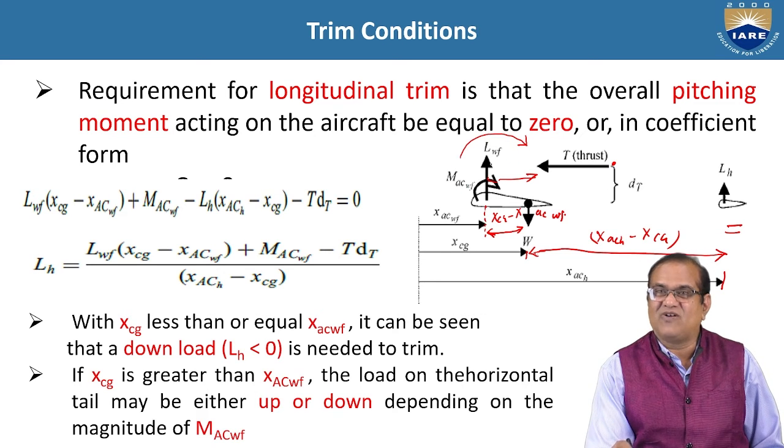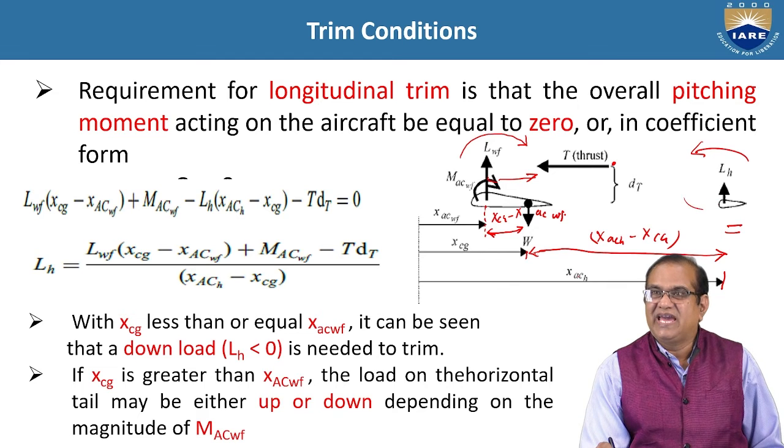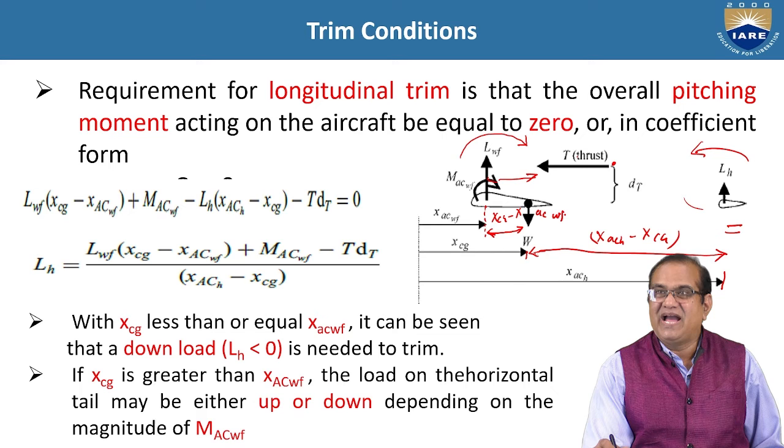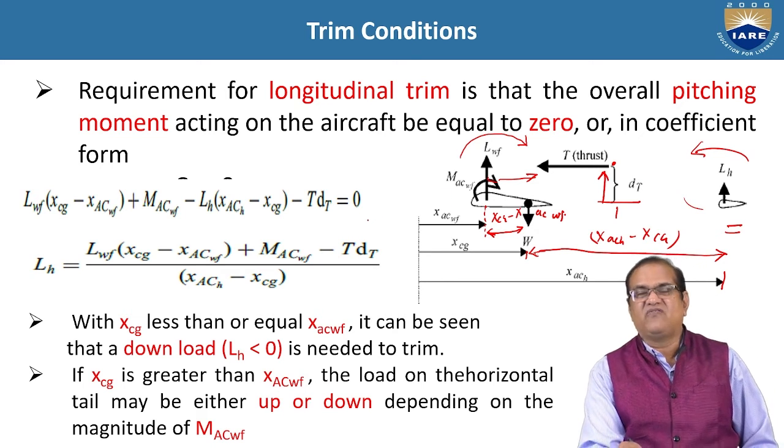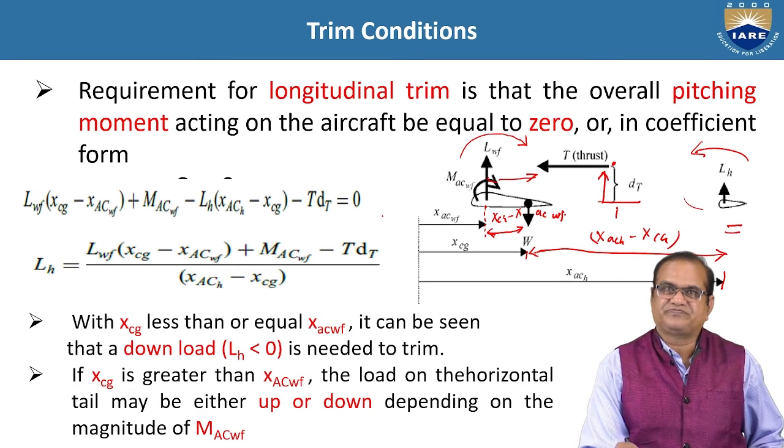These both are in the clockwise direction. Minus, this is in the anti-clockwise direction: LH into XACH minus XCG, minus T into dt, which is the vertical distance, and D into dt, is equal to 0. The sum of all the moments is now 0.